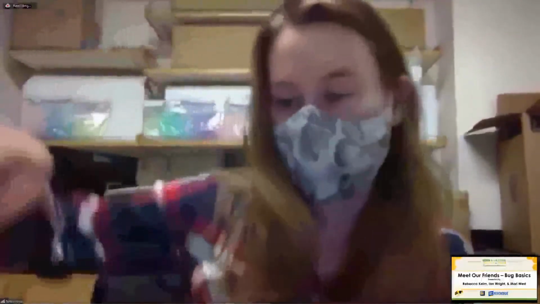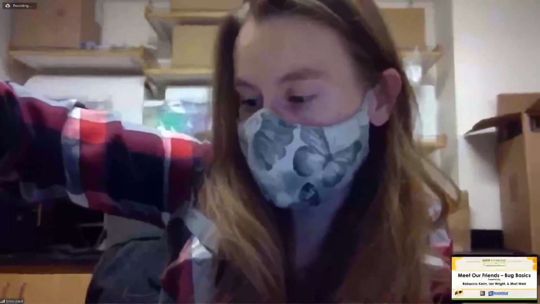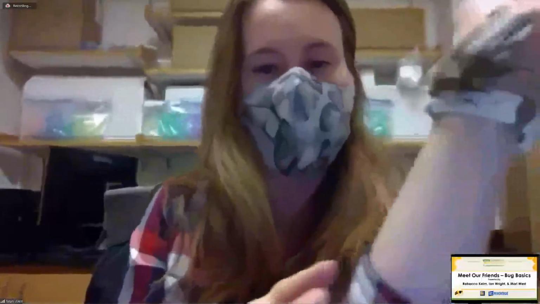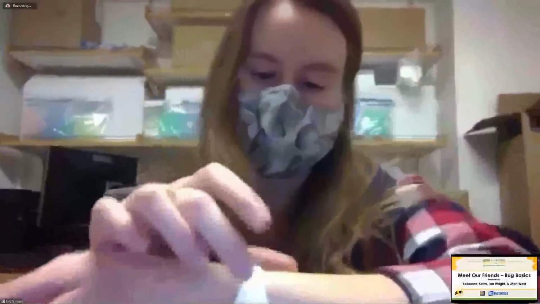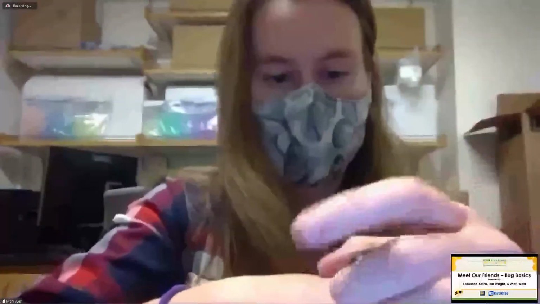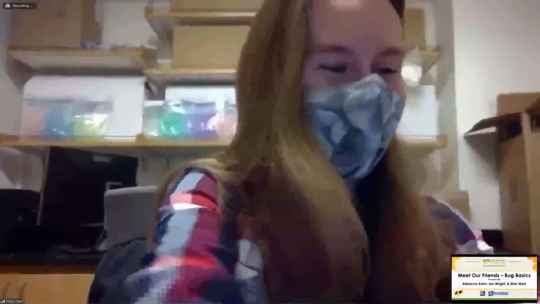And then next I'm going to show you a roach. So they're a little faster than the beetles are, but this is referred to as a death's head cockroach. And I'm going to try to show you why, so it might be a little difficult because this guy is running around.